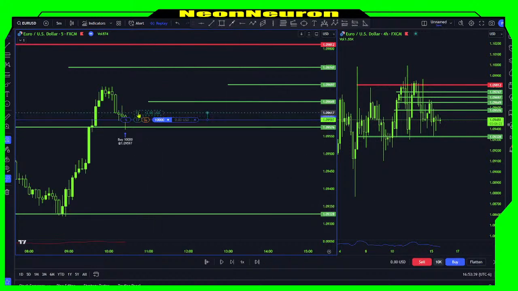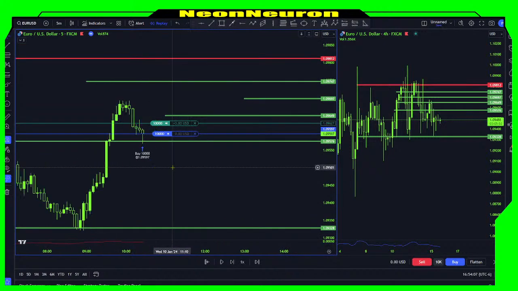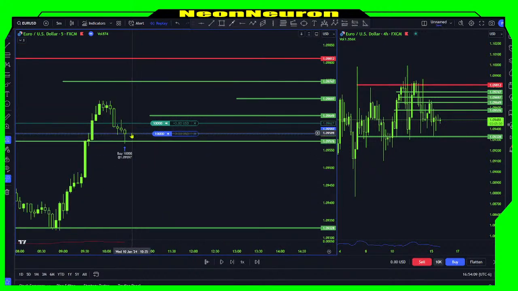Let's take our take profit at 3 pips. Be like $3. And then our stop loss would be like 35. Anyway, the stop loss doesn't really matter. You should always have a stop loss, but the stop loss doesn't dictate how you trade.